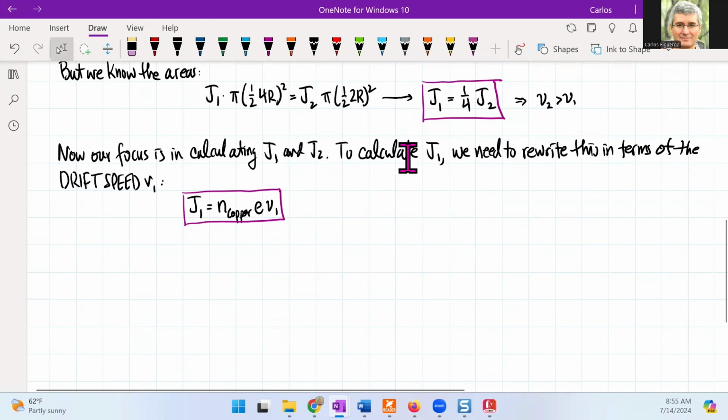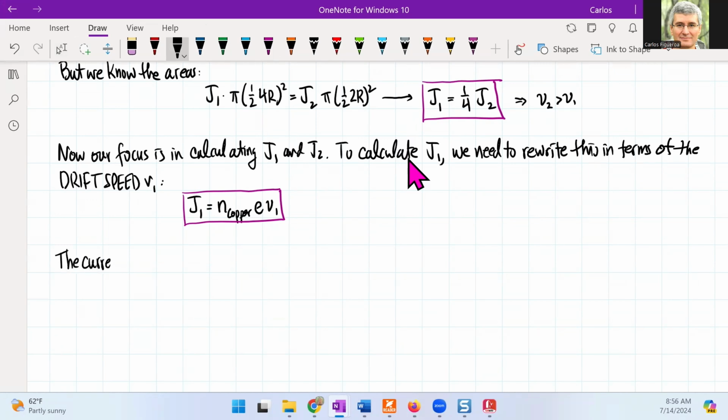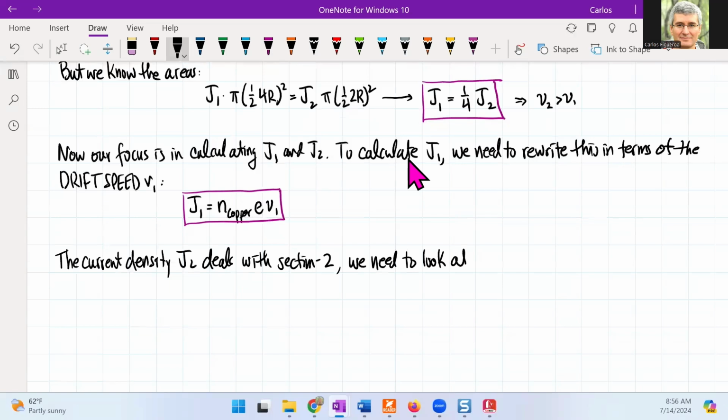So what we'll look at here is that the current density, J2, deals with section 2, which means we need to look at those details.